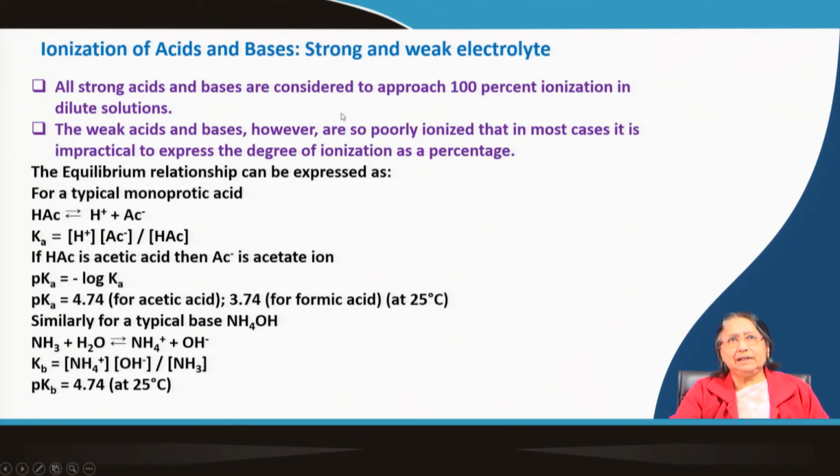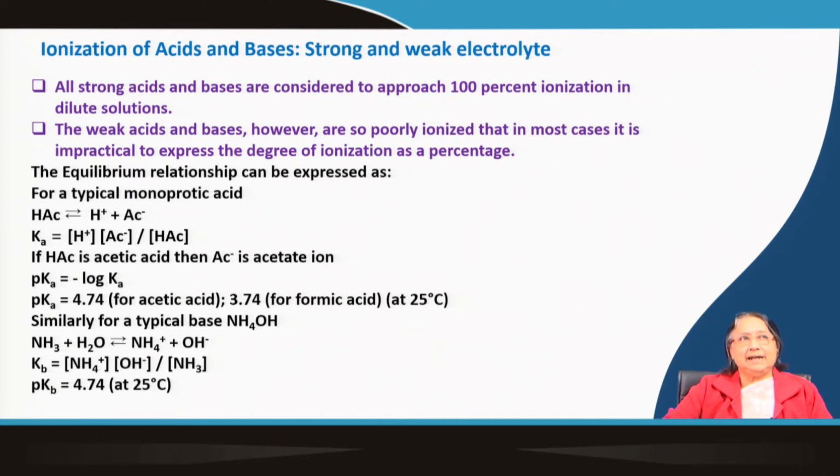All strong acids and bases are considered to approach 100% ionization in dilute solution. So, strong acids will be 100% dissociated. For example, if you put some HCl in water, then HCl will be completely dissociated. But if you put a small amount of acetic acid in water, then it will not dissociate 100%.